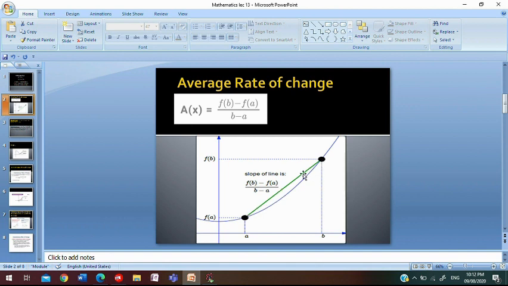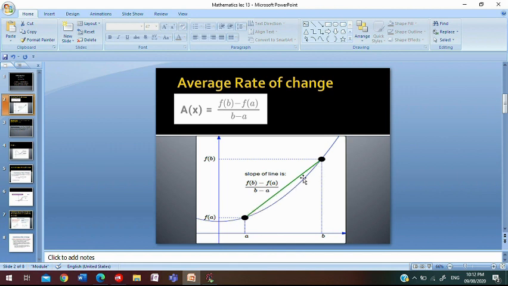Actually, it's the average rate of change. When you find it through this formula, it does not exactly give you the same value at every point, since the curve is moving, but you can measure the average rate through this formula using the secant line method.